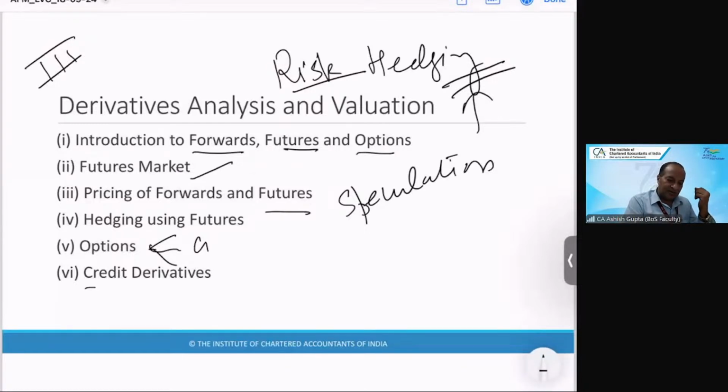Our next topic is the credit derivative. Students, it is one of the very advanced versions of derivatives, where the credit risk is hedged.